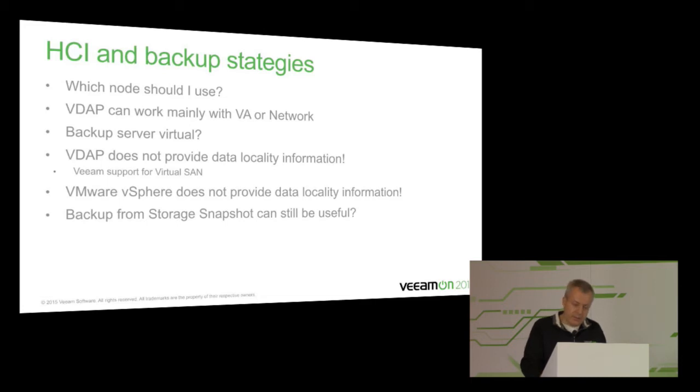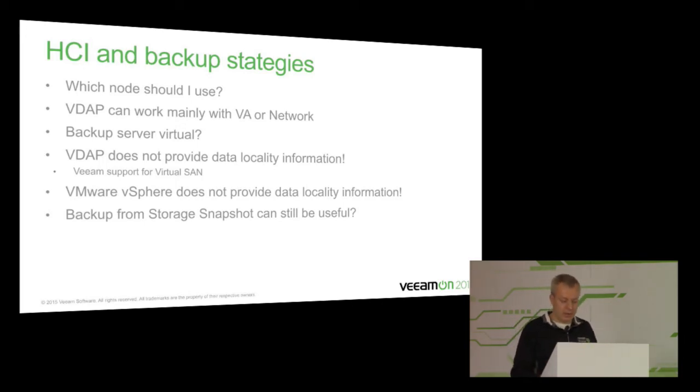But again, if the framework or the API does not provide this kind of information, or at least not through standard API, it does not mean that a backup program cannot be aware or optimized for this kind of storage.